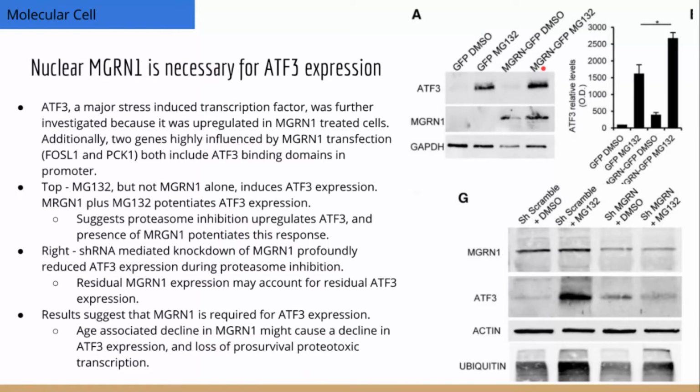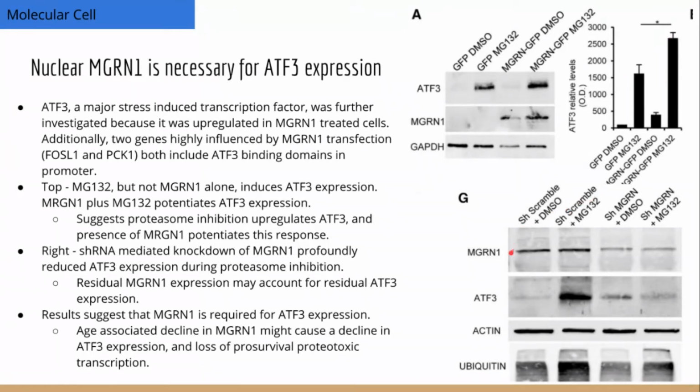But then when MGRN1 is added with MG132, so when the proteasome is inhibited and MGRN1 is upregulated, you see ATF3 expression is potentiated. So we see even more ATF3 expression than proteasome inhibition alone. We can see it in graphical format right here.